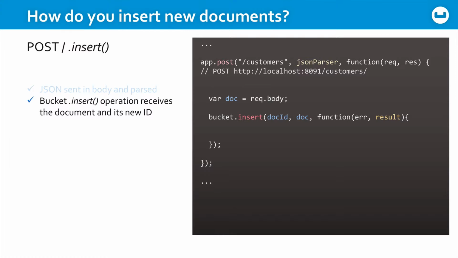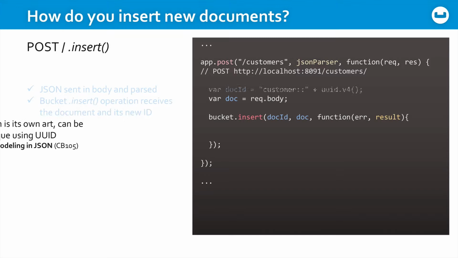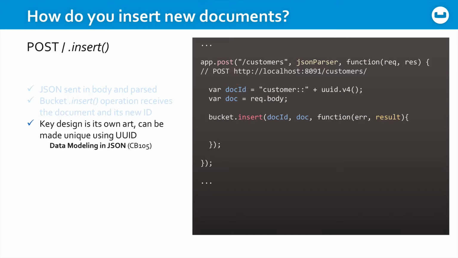Then a doc ID, and the doc would be passed to the insert method. The doc ID itself could be generated in whatever fashion is appropriate for your app, but you are assigning the new document ID here. Here we're speculating that you might want to assign a UUID with a type prefix of customer: or something else.